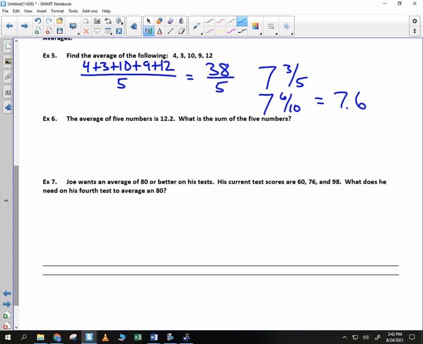Average of 5 numbers is 12.2. What's the sum of the 5 numbers? Yeah, let's understand why. Because an average, let's look at the formula. Average is equal to, you told me, the sum divided by the number of terms we add together, correct?